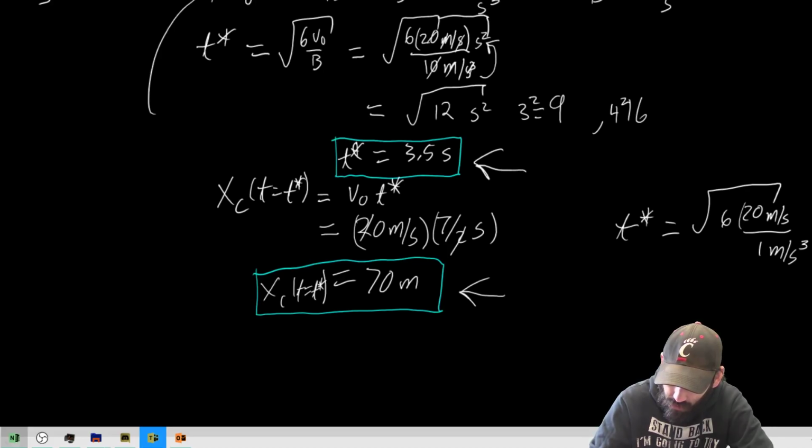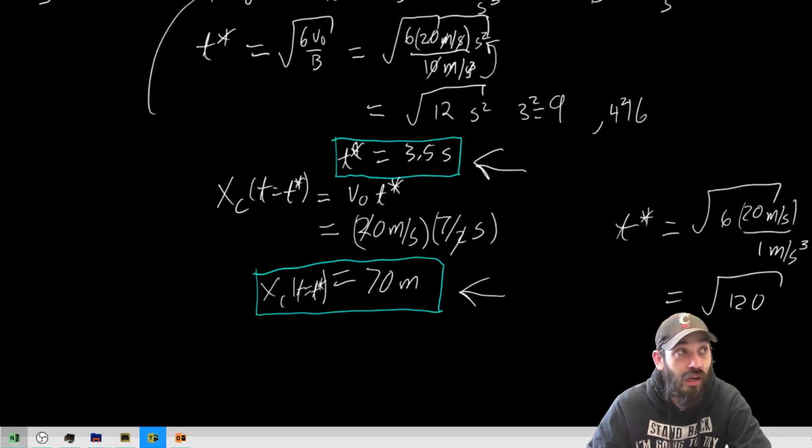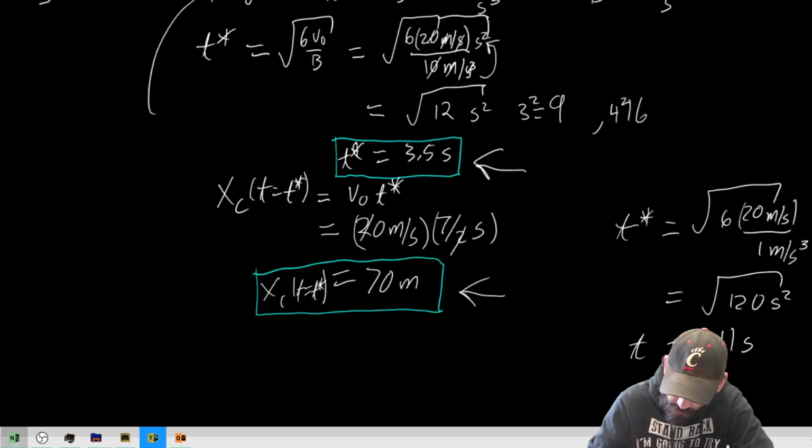And so this is going to be equal to the square root of 120. This is actually really close to the square root of 121, I believe, which is 11. You guys can check my math on that. I hope I'm not making a mistake. But this is seconds squared, and so this is roughly 11 seconds. Okay, so there's t star. It takes 11 seconds now to catch the speeder.